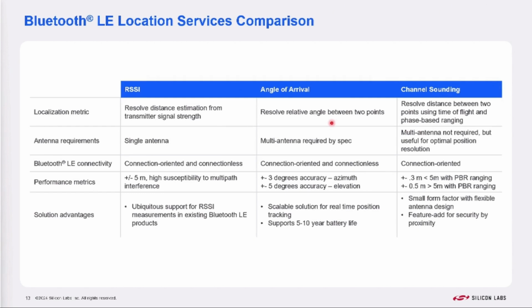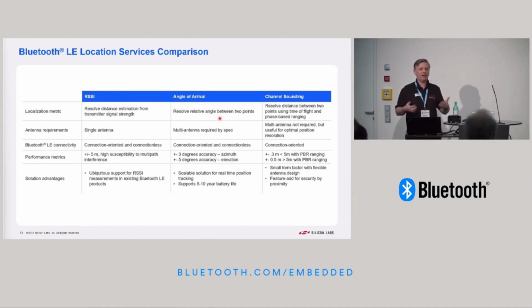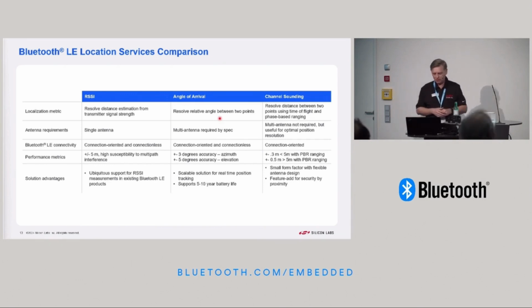We'll go through some of the limitations of channel sounding as it's spec'd toward the end of the presentation, but that does present a scalability limitation. If you are only dealing with the number of devices that can be connected at a time, that is definitely a limitation compared to a connectionless one-to-many approach to ranging or to doing direction finding.